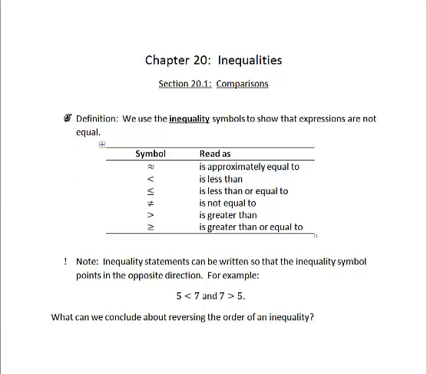We wrote pi is approximately equal to 22 divided by 7, or as a decimal 3.14.